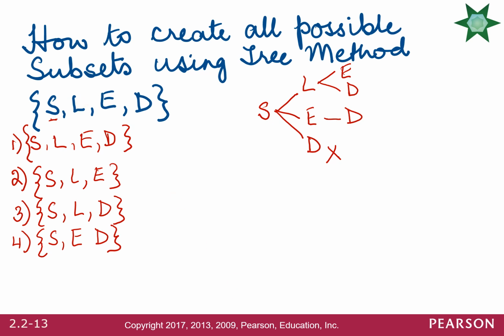If L is the first draw, then the second element could either be an E or a D, and then the third after the E would be a D. After the D, there's no other element, so the last one will always fall off the tree.